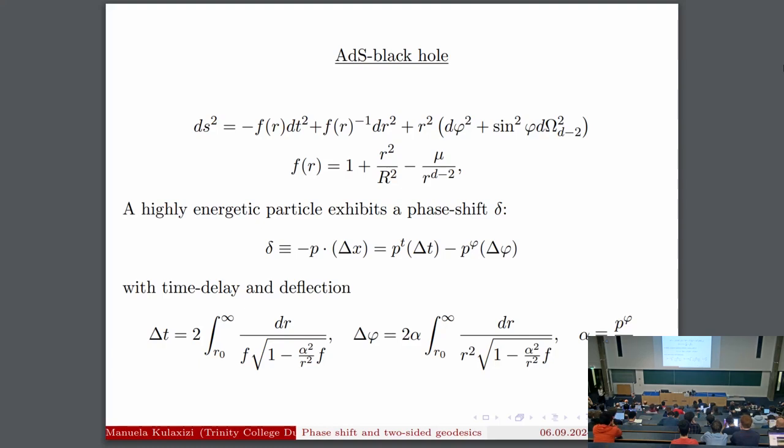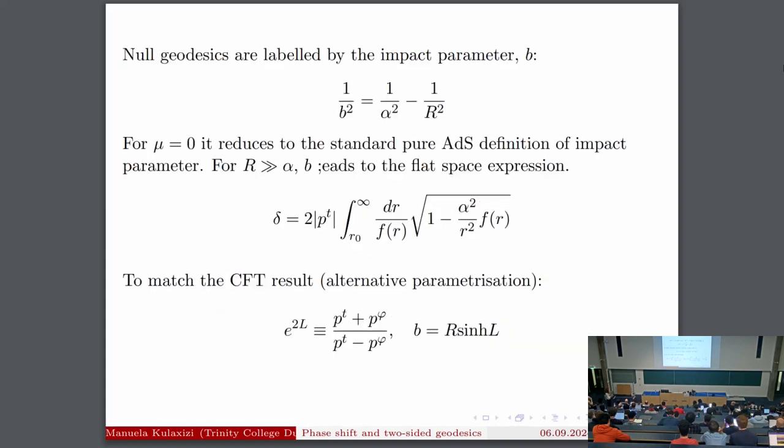We have the symmetry to set other coordinates to 0, and you see a specific parameter showing up, which will encode the impact parameter, necessary in the definition of the phase shift.